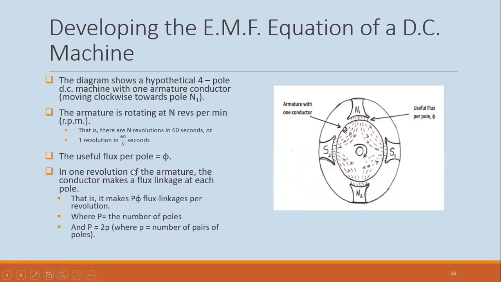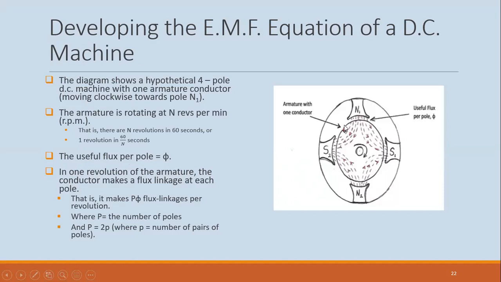Now, in one revolution, the conductor will make a flux linkage at each pole. So the conductor is moving, let's say clockwise, as indicated by this arrow here. When it reaches this pole, it makes a flux linkage, another flux linkage here, another here, another one here.